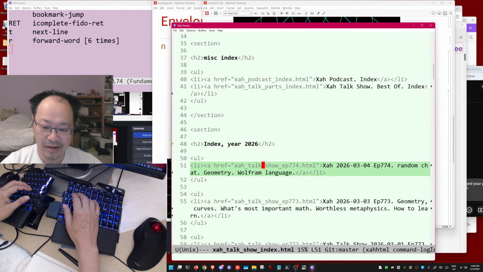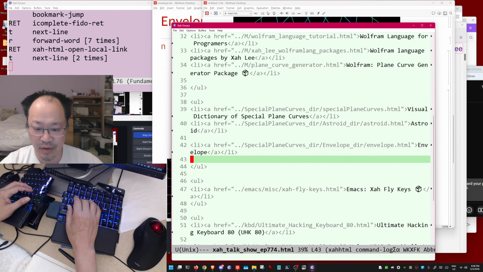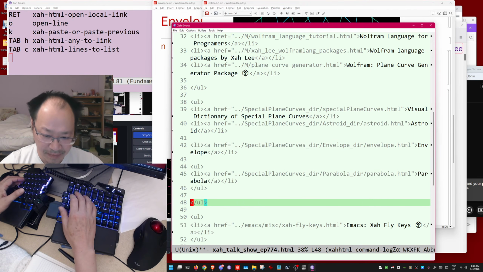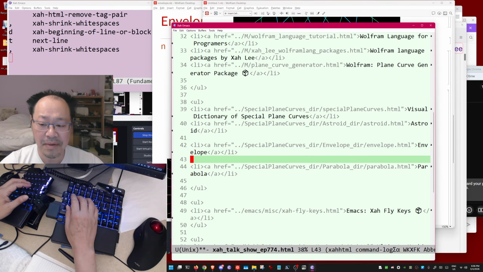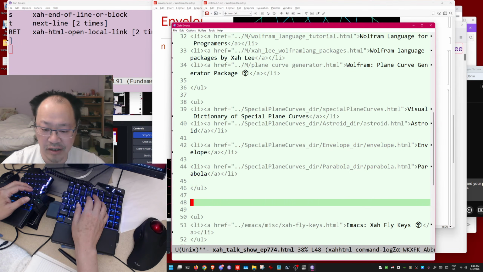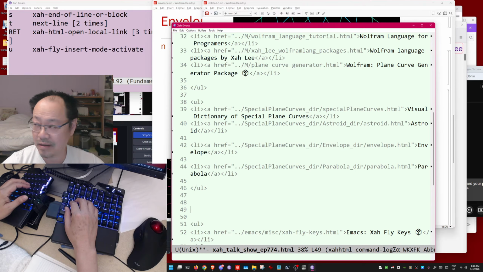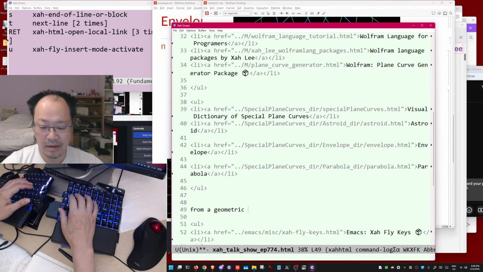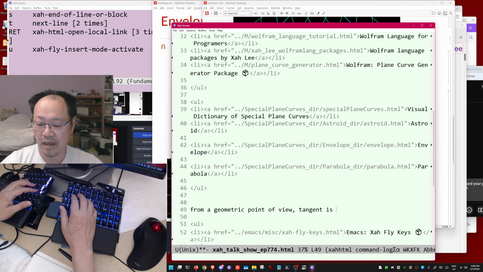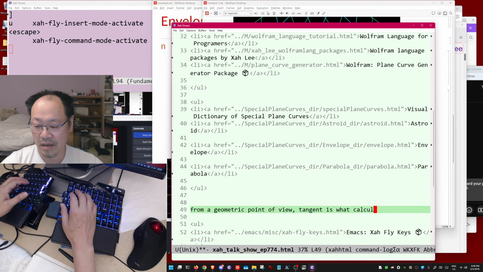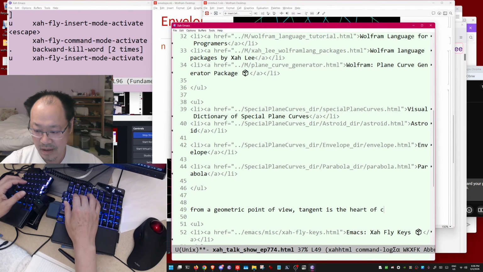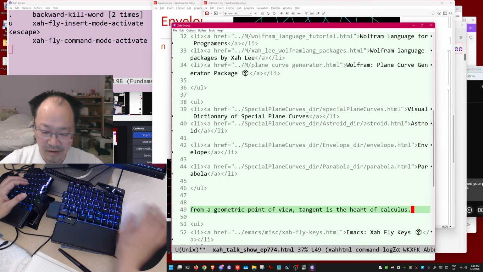Let's ask AI to verify. Right now we digress into AI. How good is AI? Can AI verify my claim, my extempore random observation? So the claim is, from a geometric point of view, the tangent is the heart of calculus.